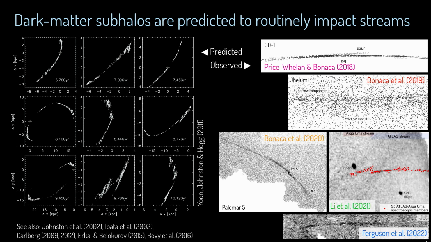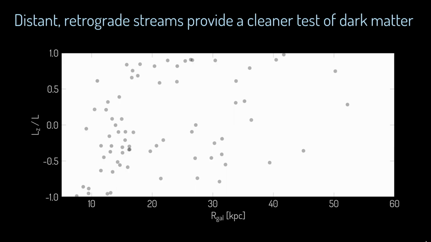And so now with this in mind, people started really asking the question, how much are we learning about dark matter, or are there any other ways of creating these substructures? And a way to look at it is to ask on what kind of orbits those streams are, what could be affecting them.